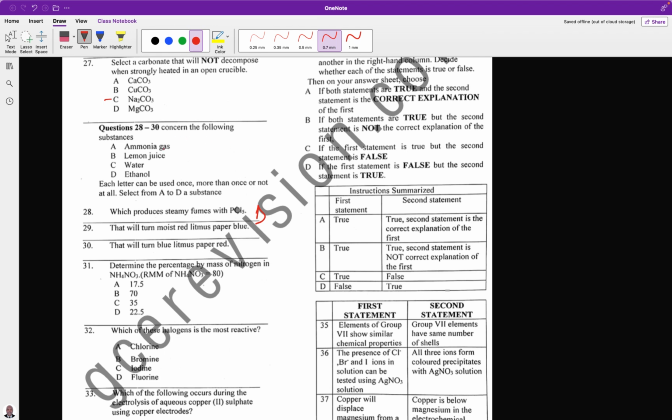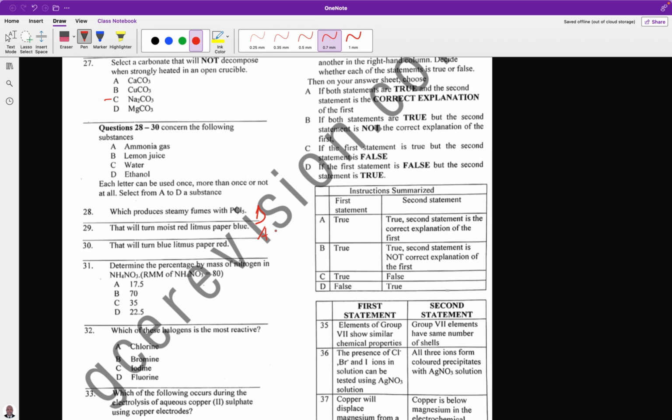So in that case, we will choose ammonia gas. Ammonia gas, that is A. That is the only one that will turn moist red litmus paper blue. So A will do that for 29.